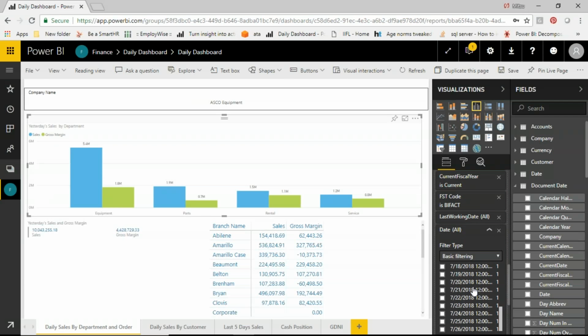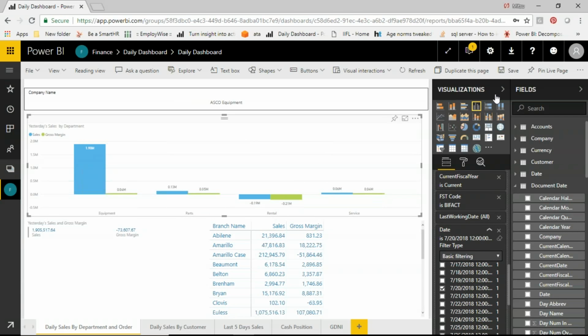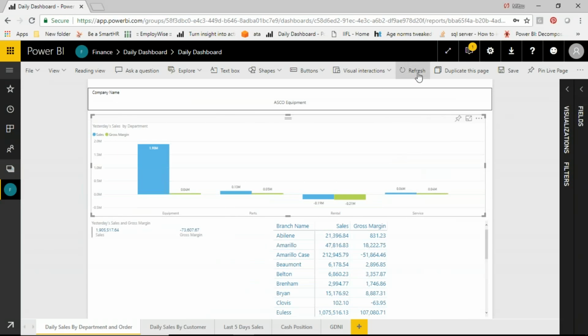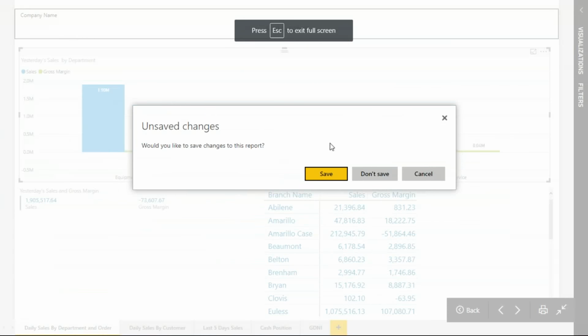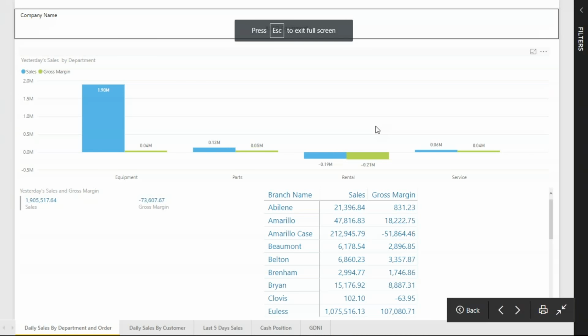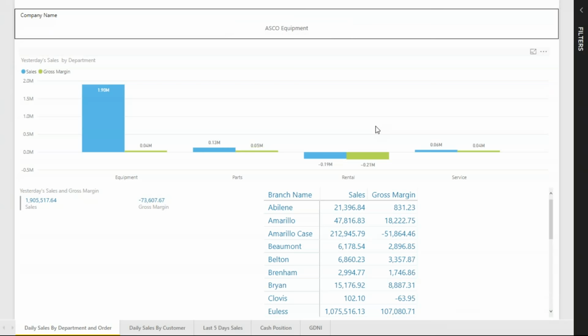Yeah, it's going to the 21st. So this is what it would look like. It's just because of the weekend it's getting messed up. I don't know why it's taking Saturday as the last working day. It should be taking Friday.